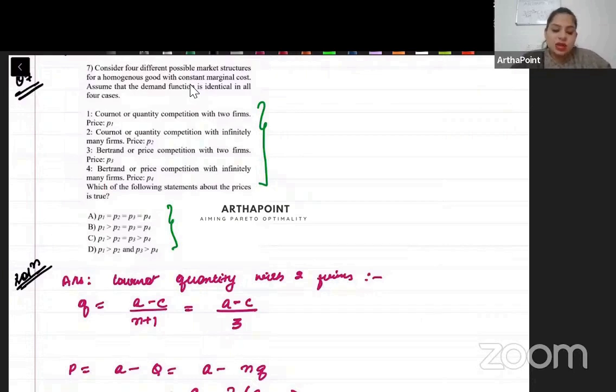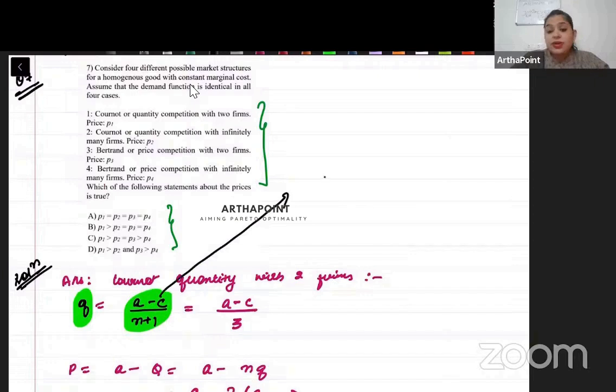Just think about this. If you remember the lecture I took on Cournot equilibrium, we said that the equilibrium quantity in Cournot competition is (A minus C) upon (N plus 1). This is what we did.